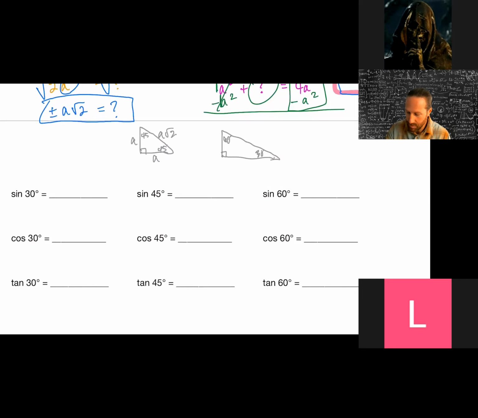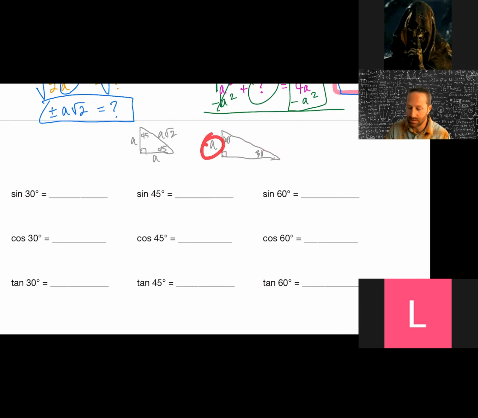So how about the 30, 60, 90? Opposite the smallest angle has to be my smallest side. Therefore, we're going to start and say it's how big? A. It could be any size. That's good. Now let's go to the biggest angle and therefore the biggest side.